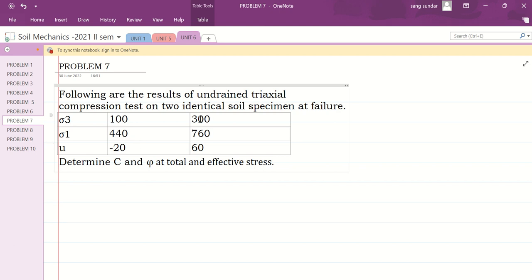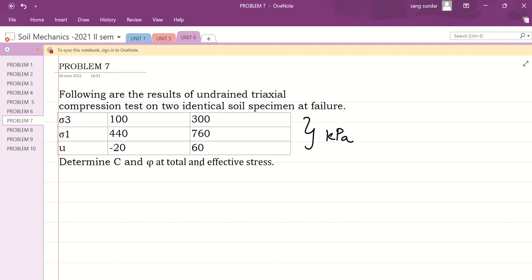And in test 2 we got the confining pressure as 300 kPa, sigma 1 is 760 kPa and u is 60 kPa, and all these are in kilopascals. I guess in your question it has been given as 30 kPa. It's not 30, just corrected, it is 300 kPa. Determine c and phi at total and effective stress conditions. So this is the question being asked.